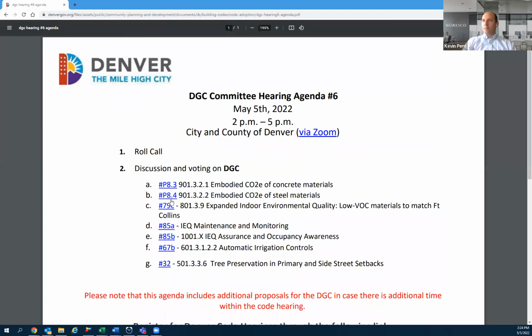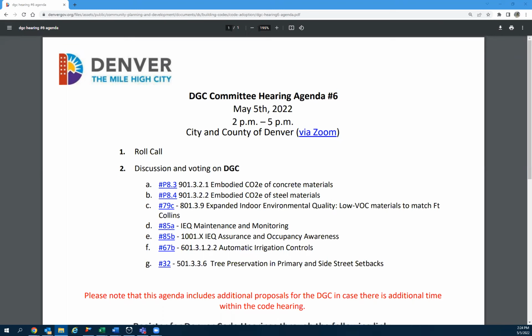So that brings us to item P 8.4. And Webley, are you going to speak to this one as well, or is that going to be Rebecca? Webley. All right. So again, Webley Bowles, New Buildings Institute. Code change proposal 8.4, embodied carbon of steel materials, includes 2 components.